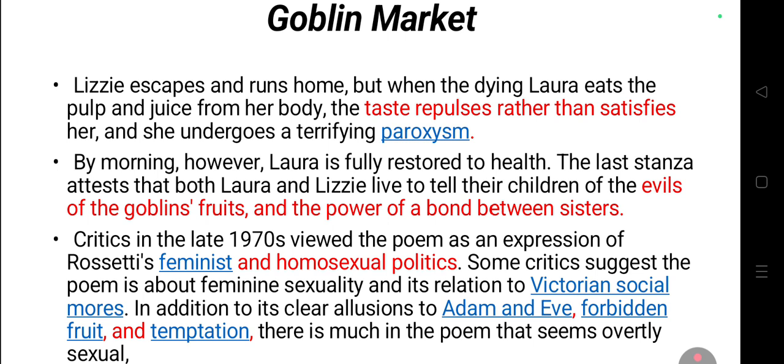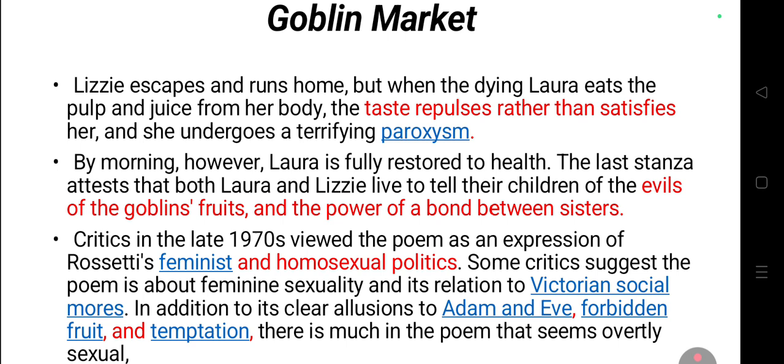This may remind you of Harry Potter, how he was saved by the love of his parents, how their love became a kind of protection for his survival against Voldemort. Now Laura is okay, fully restored to health.